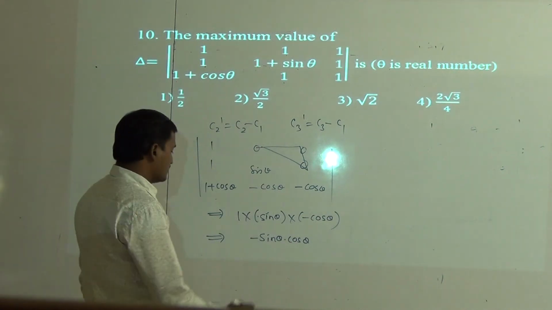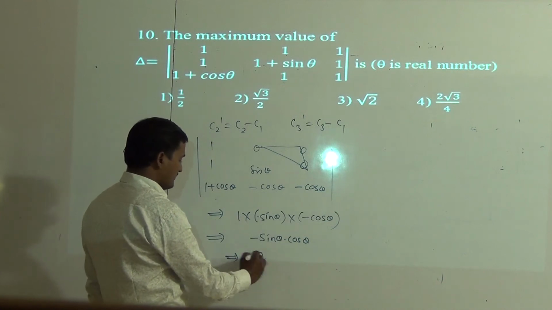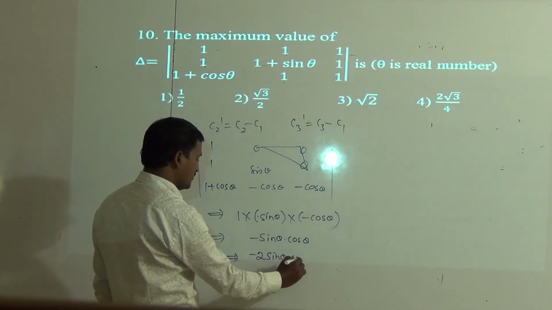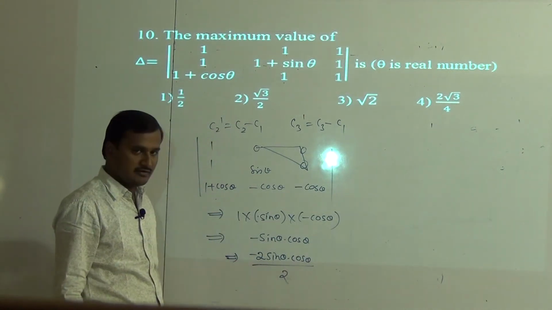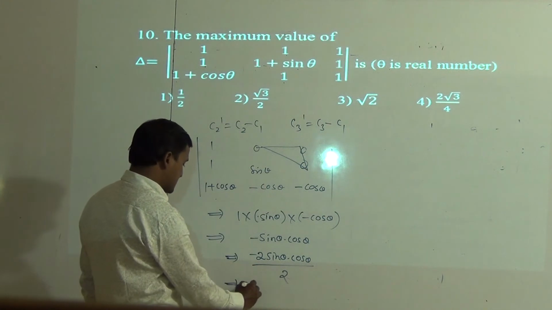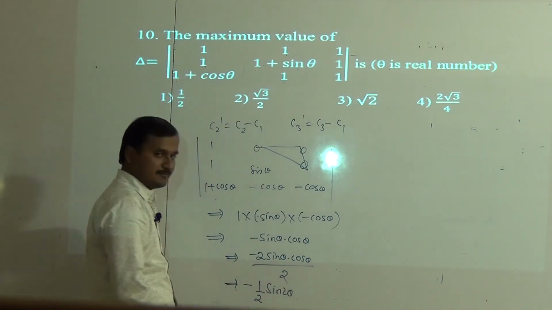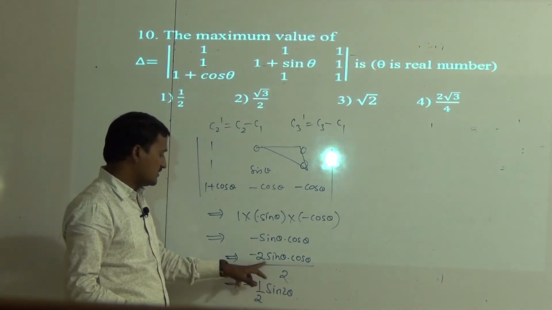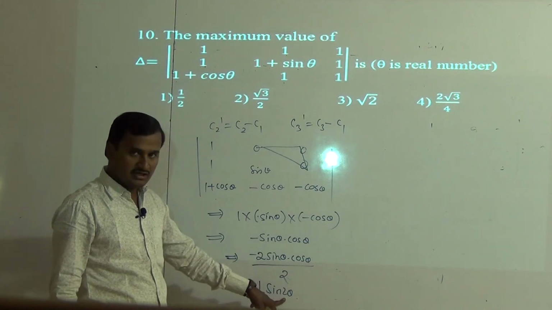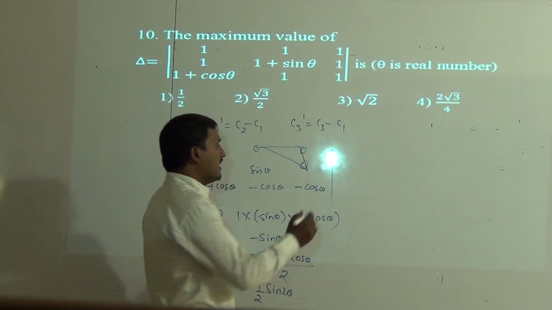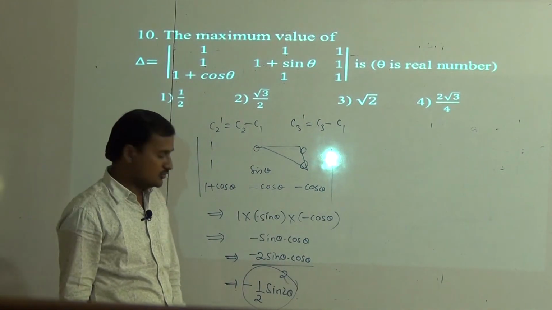For this I will multiply and divide by 2, so minus 2 sin theta into cos theta divided by 2, with the minus as it is. So minus 1 by 2, and here it is sin 2 theta, because the formula of 2 sin theta into cos theta is sin 2 theta. Now I got the value of this determinant as minus 1 by 2 sin 2 theta.